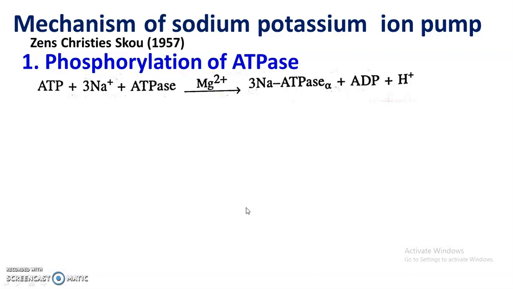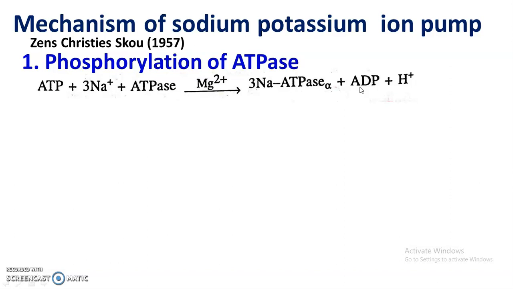Due to the sodium ions, the local polarities change and the terminal ATP is hydrolyzed to form ADP, and some energy is released. So at the initial stage, 3 sodium ions bind with the ATPase, and ATP is converted into ADP, and during this conversion there is an energy change, which is the driving force for this pump.